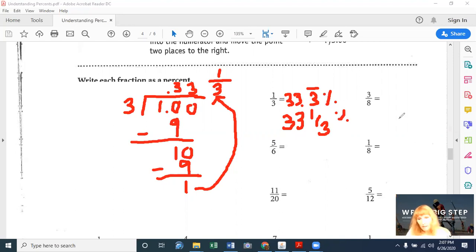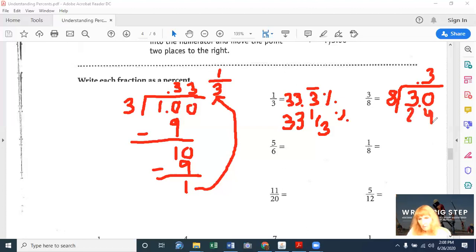Let's try 3/8. Now 8 isn't going to divide into 100 evenly, so I am going to use the second method, 3 on the inside, 8 on the outside, put a decimal and a 0. How many 8s go into 30? 3, right? 3 times 8 is 24. 4 times 8 would be over just a little bit.